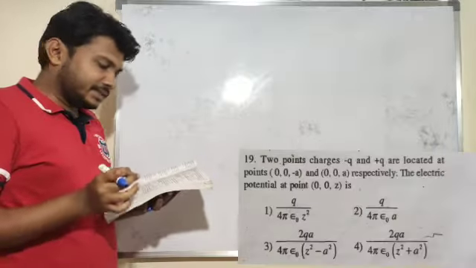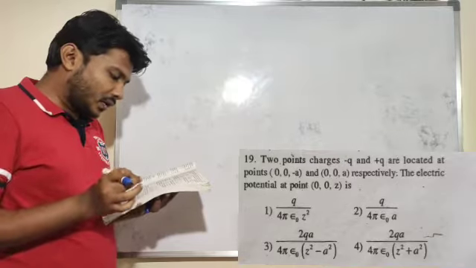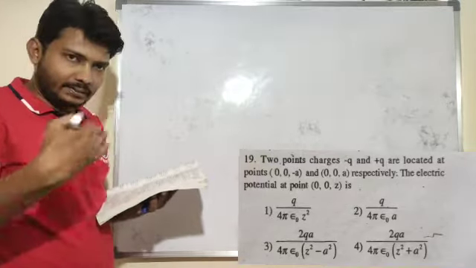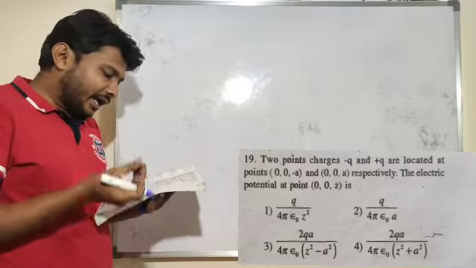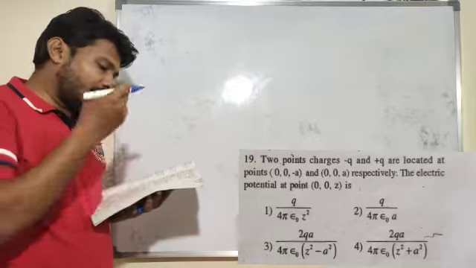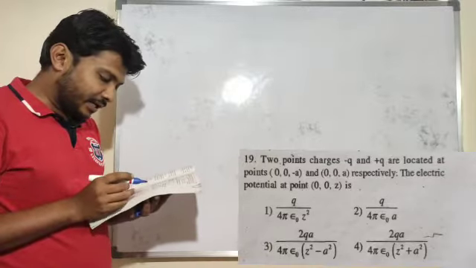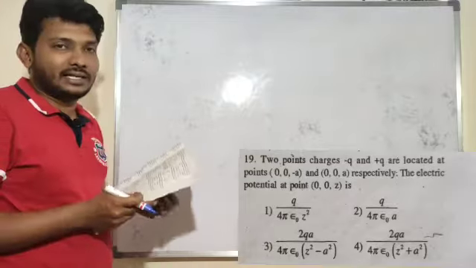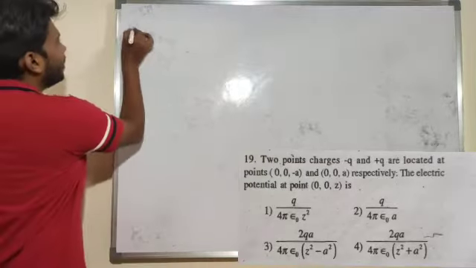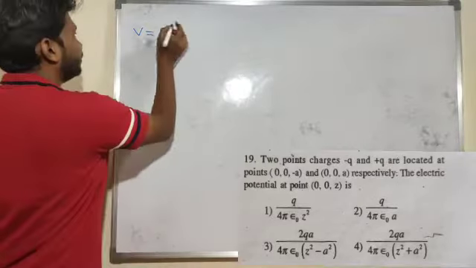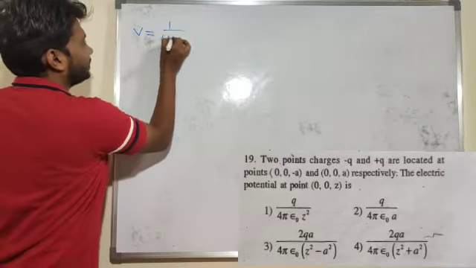Two point charges minus q and plus q are located at points 0, 0, minus a, so the negative z axis, and the other charge plus q is at a distance of 0, 0, a, the positive z axis, respectively. The potential at a point 0, 0, z is what? So I need to find the potential at 0, 0, z. So 1 by 4 pi epsilon naught.